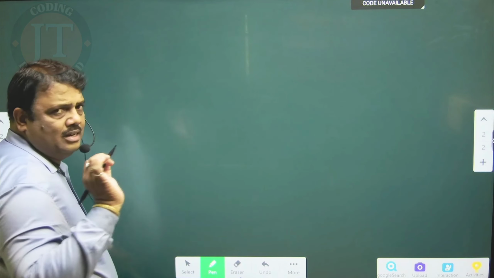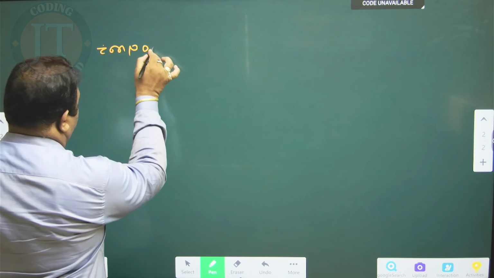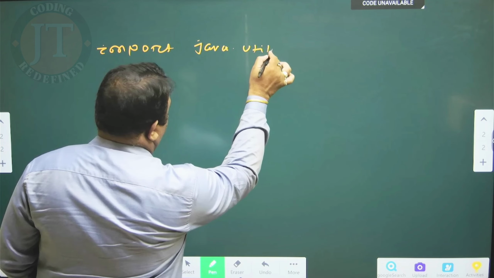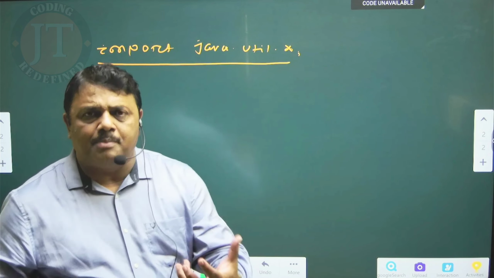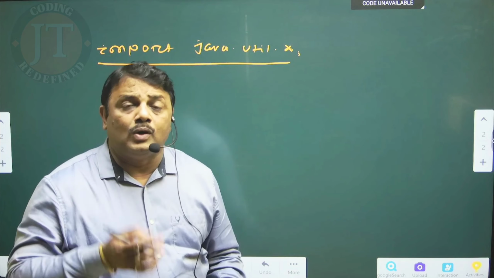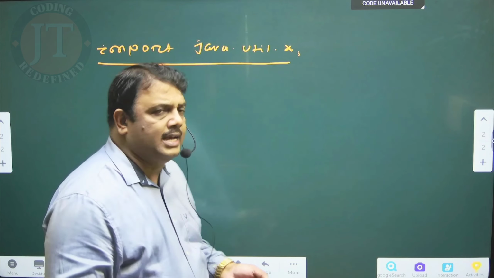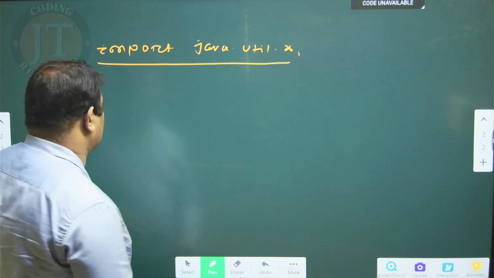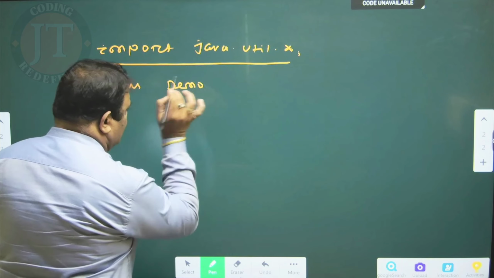Another way, I just clarify it. Check here, take an example. I write import java.util package. Now, why do I import the util package? What is the requirement of importing the util package? Because comparator is an interface present in the java.util package. What I can do here, I just write class Demo.